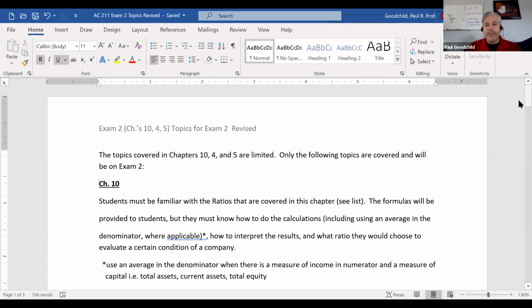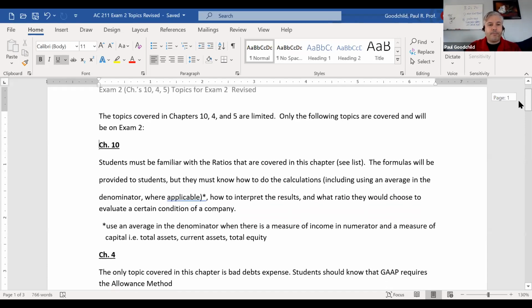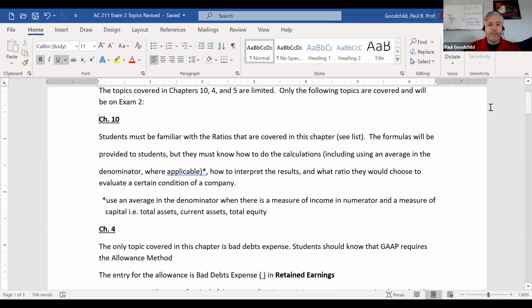I wouldn't go crazy trying to memorize the ratios for chapter 10, because they're going to be given to you, but it would be worth it to take some time and look at them and say, okay, how do I plug what into where, and just feel comfortable about that, so you're not going in blind the day of.